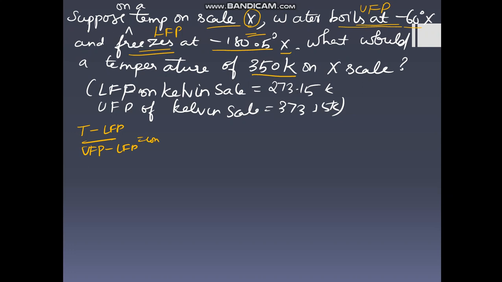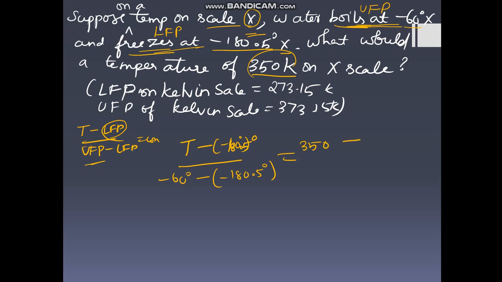So the temperature on the X scale we want to find, minus the lower fixed point on the X scale, which is minus 180.5 degrees, divided by the upper fixed point on that X scale, which is the boiling point, minus 60 degrees, minus the lower fixed point, minus 180.5 degrees, is equal to the temperature on the Kelvin scale, 350 Kelvin, minus the lower fixed point on the Kelvin scale, 273.15, divided by the upper fixed point on the Kelvin scale, 373.15, minus the lower fixed point on the Kelvin scale, 273.15.